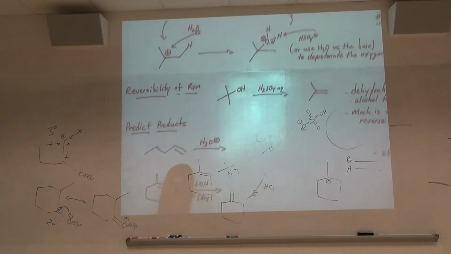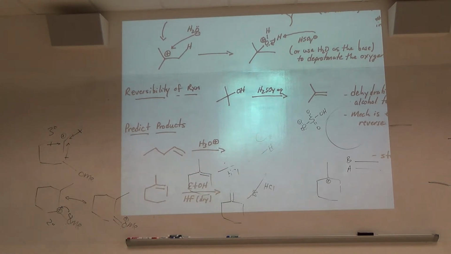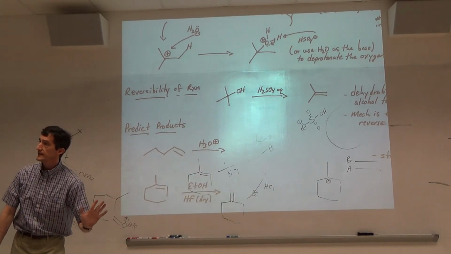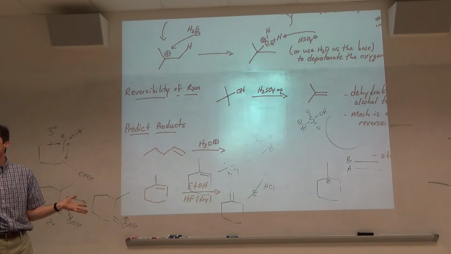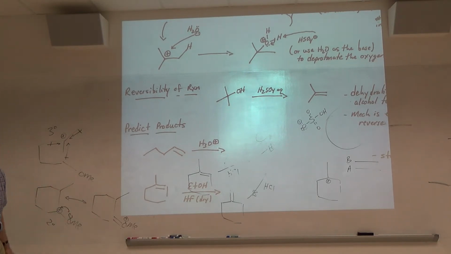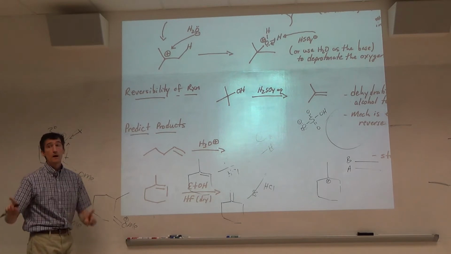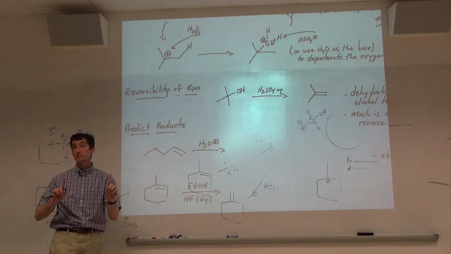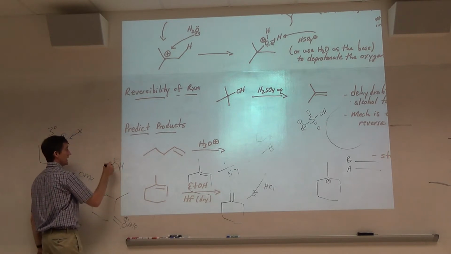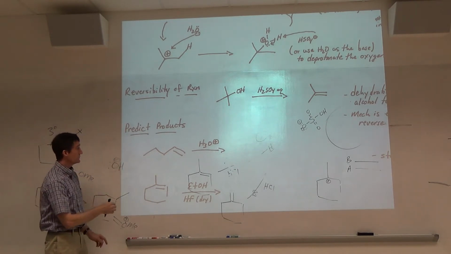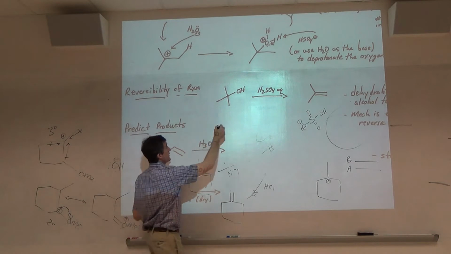Predict the products down here. Hopefully you see it's no different than with the HX, except here the nucleophile is water, and you end up with an OH. Okay, I said OH. A lot of times you guys will start showing hydroxide because you think that that's where this came from.